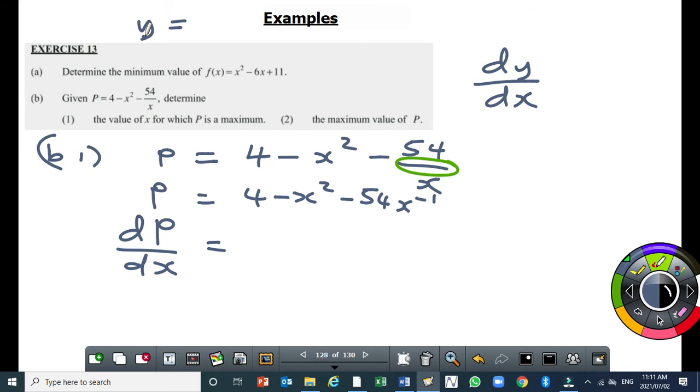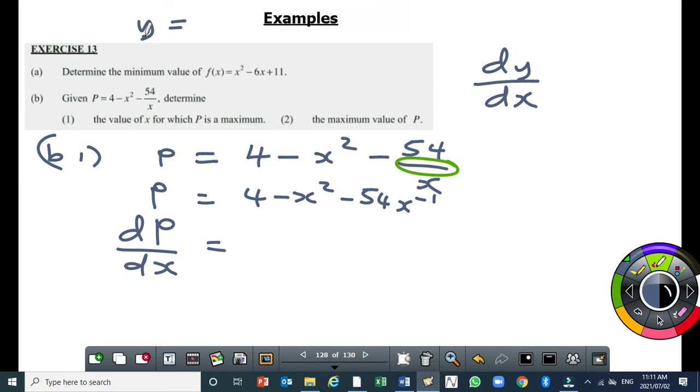The y has been replaced by p. Every time we normally have that we are dealing with the cubic graph. Here it's not really a cubic graph.